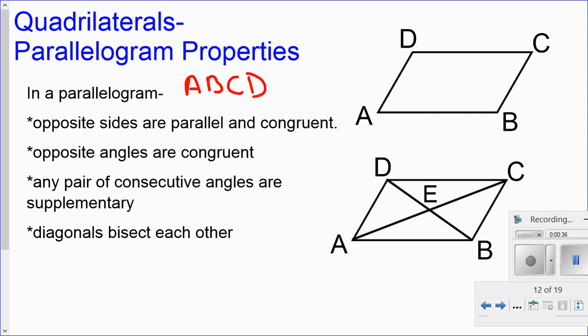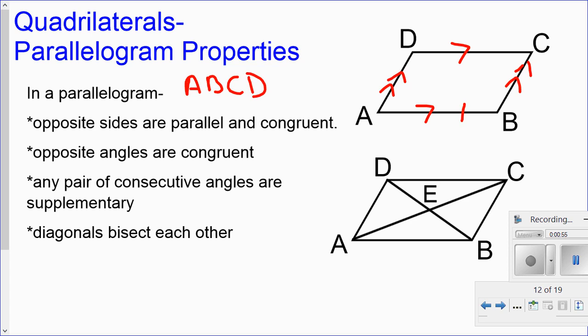We know that line segment AB is parallel to line segment CD, and line segment CB is parallel to line segment AD. We also know from our earlier work this semester that the opposite sides are not only parallel, but they're congruent as well.